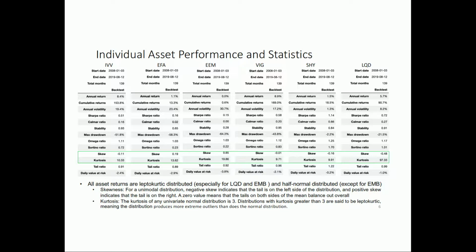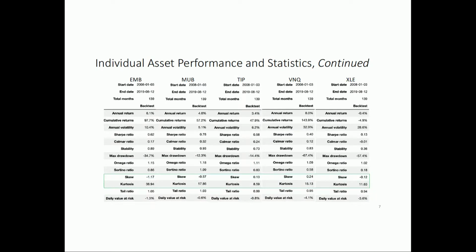But I'm also interested in the third moment and fourth moment. Just recall, if you have a normal distribution, if it's evenly balanced, the skewness is 0. But if you look at the individual assets, they are either left skewed or right skewed, either heavily right skewed or left skewed.